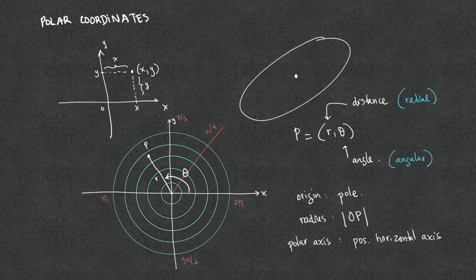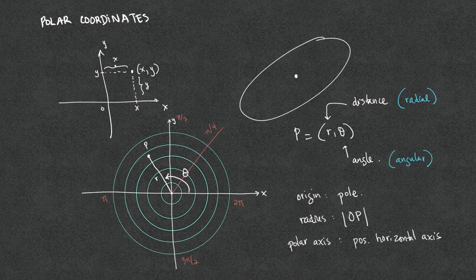To plot a point in the polar coordinate system with the radial coordinate r and the angular coordinate theta, we start with the positive horizontal axis and sweep an angle either positive theta by going counterclockwise or negative theta by going clockwise. Once we obtain the desired angle, we can start from the origin and go out the distance of r.